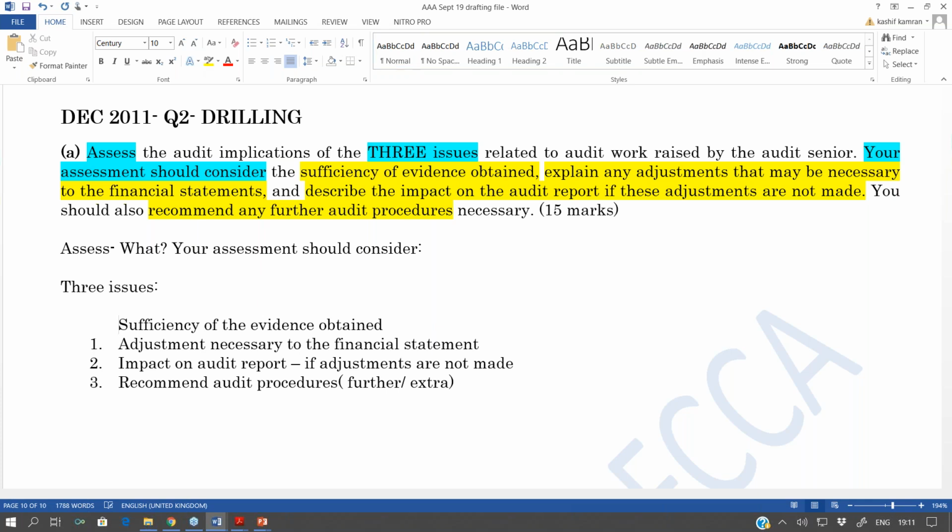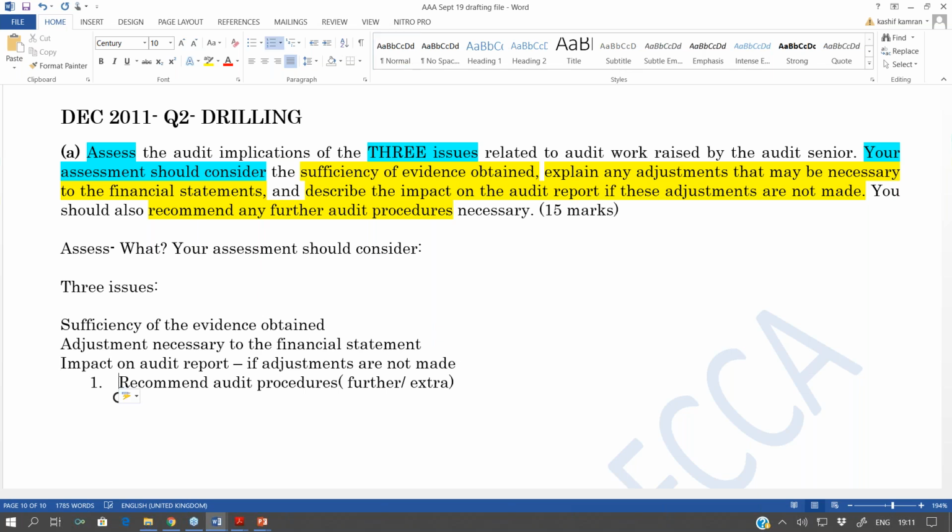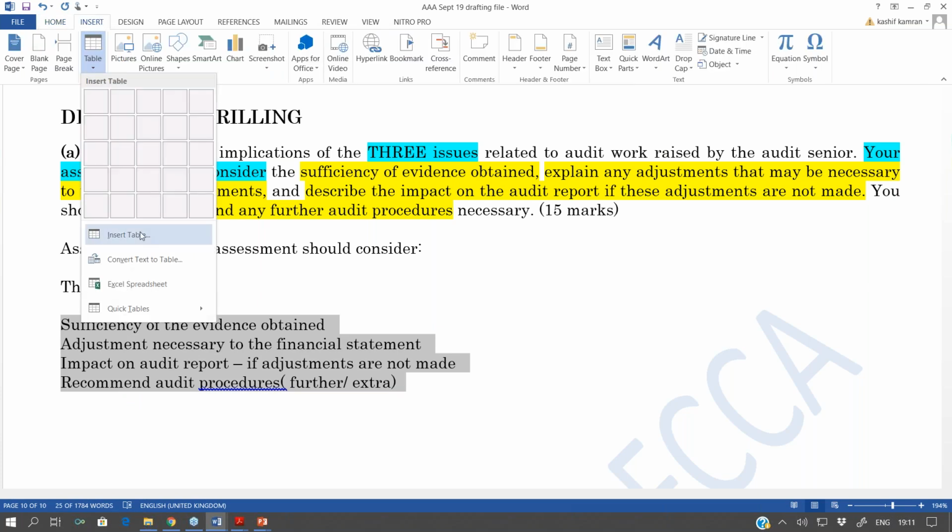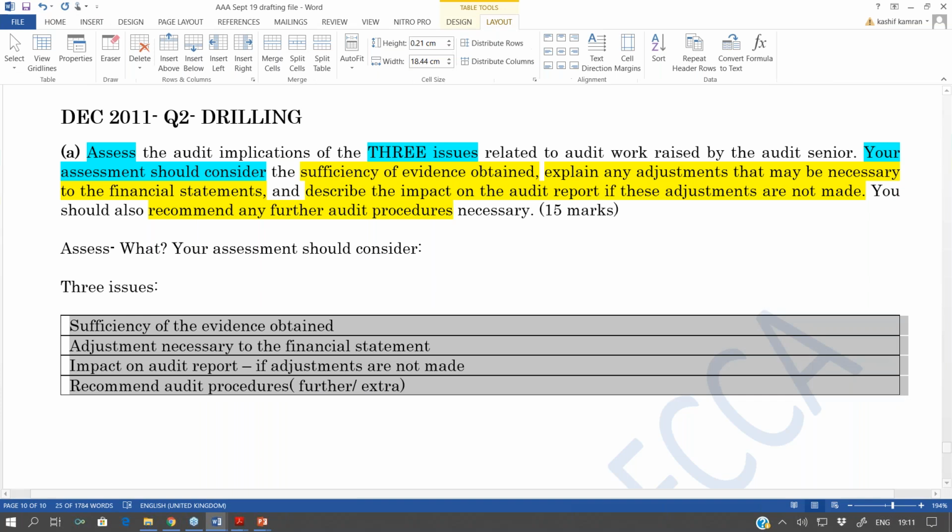Let's do it this way and just make it better. Let me make a table, and then let me make the columns of the 3 issues.